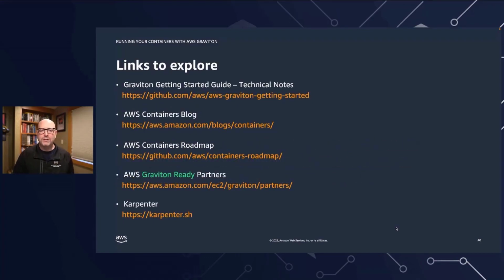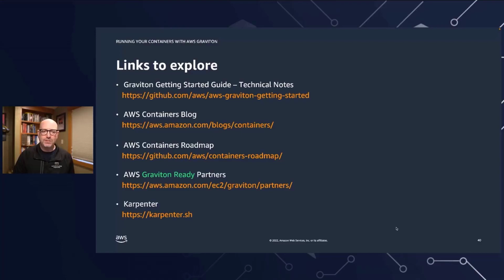And then here are some links you can explore to further learn about all the topics that I discussed today. These include the Graviton Getting Started Guide, AWS Containers blog, our Containers Roadmap, a list of Graviton-ready partners, and the open source Karpenter node provisioning system. The Graviton Getting Started Guide in particular provides deep technical information around all aspects of AWS Graviton.